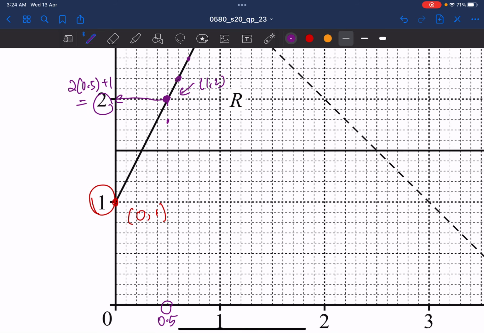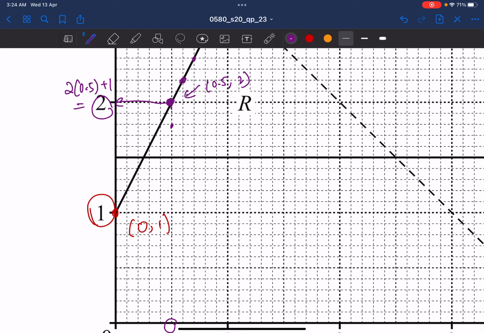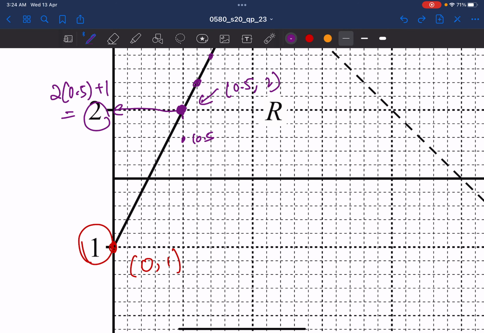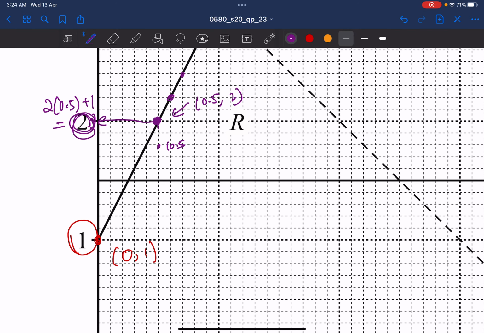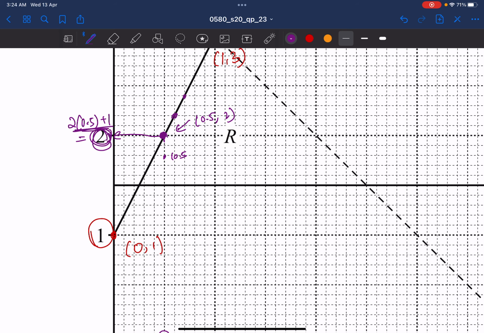Sorry, the coordinate here is not 1, 2, this is 0.5, 2. So the x value here should be 0.5, and this should be 1.8, but it is less than 2, correct? It's less than the original y.